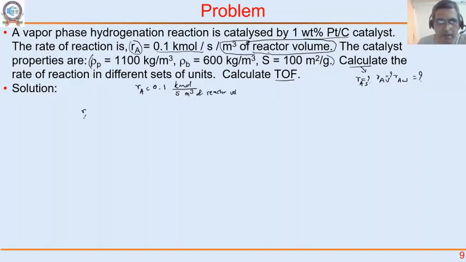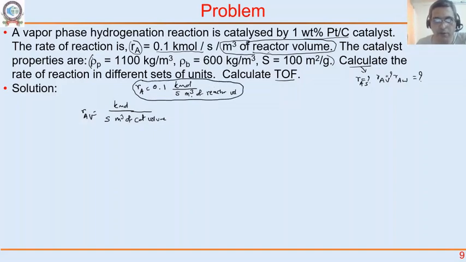Now suppose I want RAS. What is RAS? Try to recall. Well, let's take RAV first. RAV, that's easier. What is RAV? It is kilomoles per second per meter cube of catalyst volume. I have this RA equal to 0.1 kilomole per second per meter cube of the reactor volume.